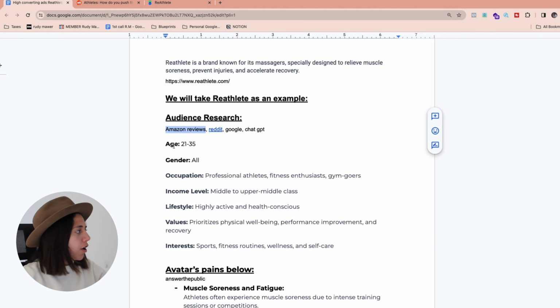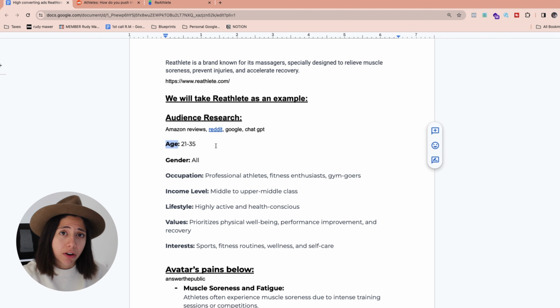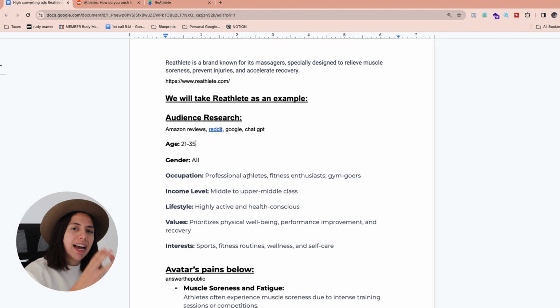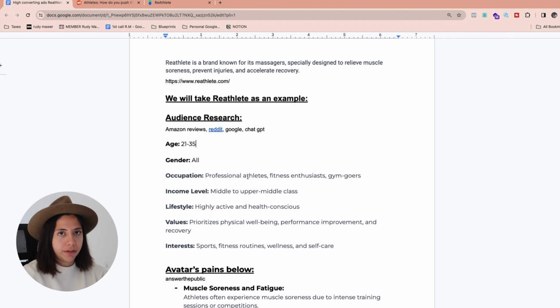So let's start off with some basics. We need to understand what is the age of our target audience. For athletes, I would say it's anywhere between 21 to 35. Obviously, it's a young crowd. So keeping that in mind will allow me to have ads that are exactly for that young generation, right? I don't want old people in my ads.